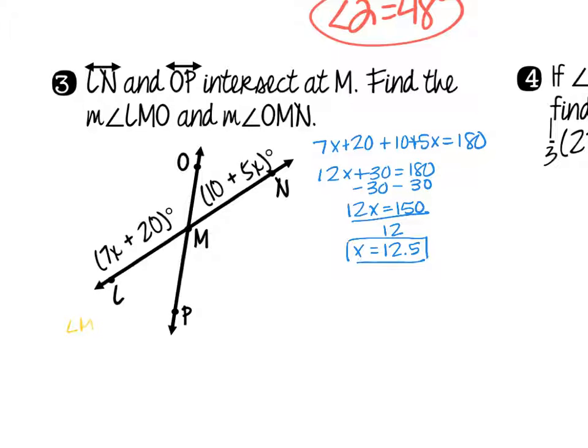So when I'm looking at LMO, that's going to be 7 times 12.5 plus 20. So that's 87.5 plus 20, which is 107.5.